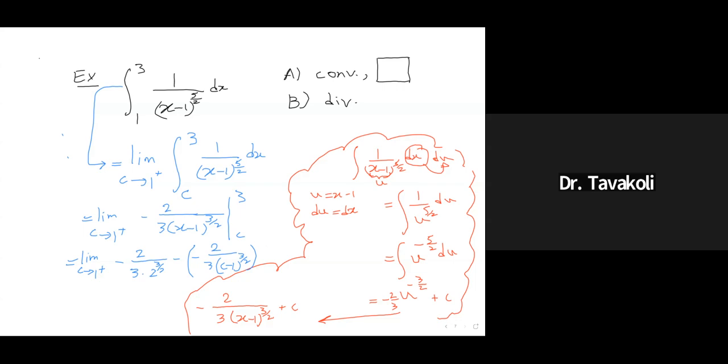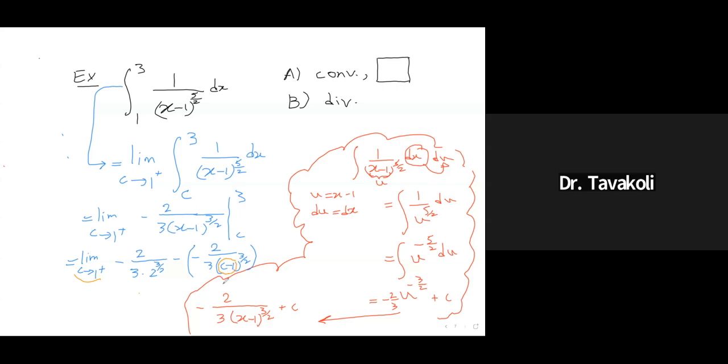Look at here, when c tends to 1 from the right side, this denominator, c minus 1 here. So when c tends to 1, c minus 1 tends to 0 from the right side, as if I have a 0 in the denominator.